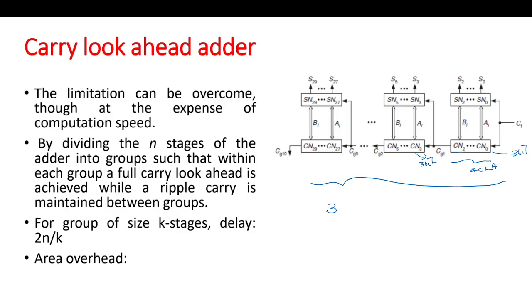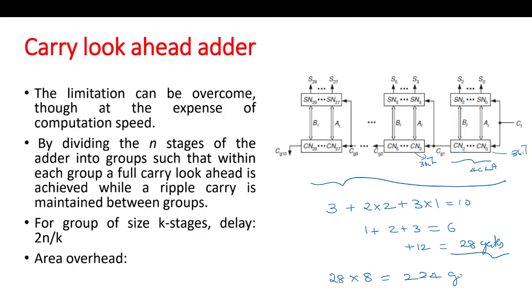Say per one it will be 16 gates plus 12, which is 28 gates almost, and we need 8 stages for 32-bit. So the gate count is reduced.